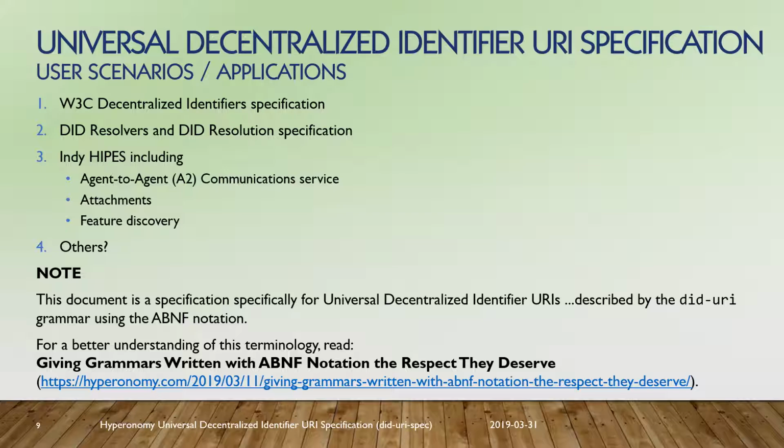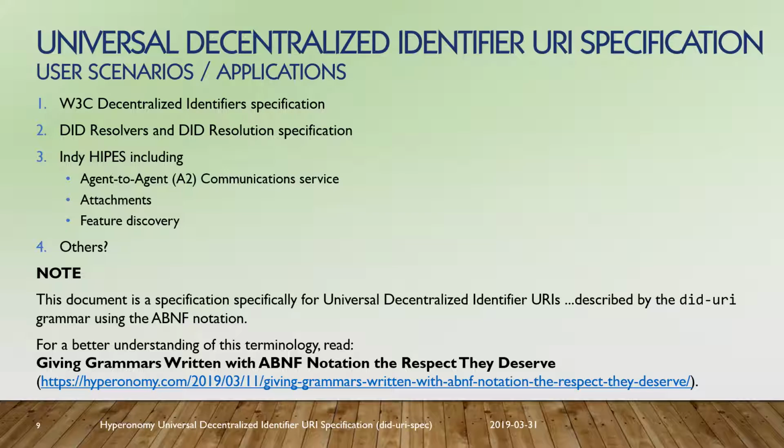In the case of the W3C Decentralized Identifier specification, there's a companion use case document, which again paints some high-level, what I call user scenarios. Did resolution is doing the same thing, as well as the Indy Hypes. Although the Indy Hypes tend to include a lot of specific, for example, JSON code that has embedded DIDs in them. So it's a combination of being higher level user scenarios and lower level did URL use cases.